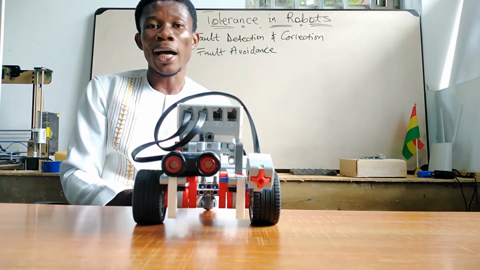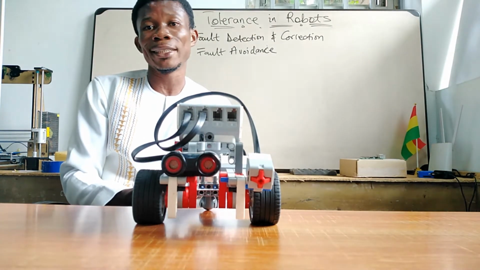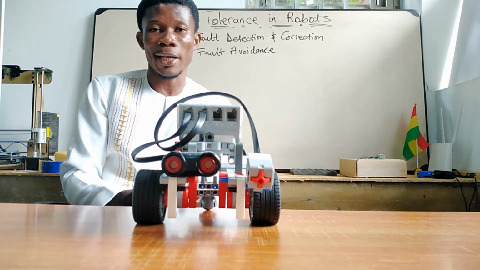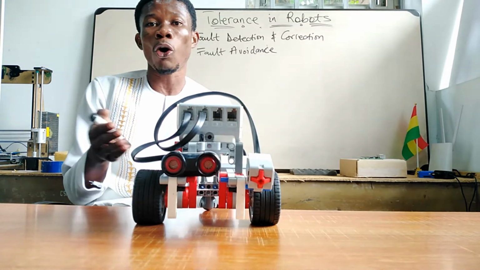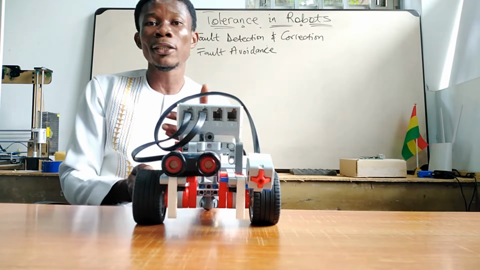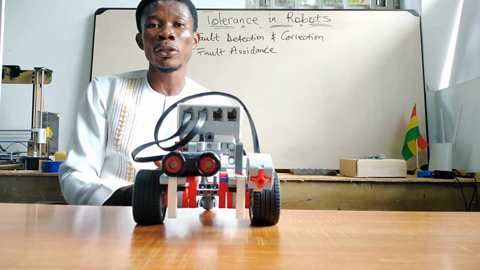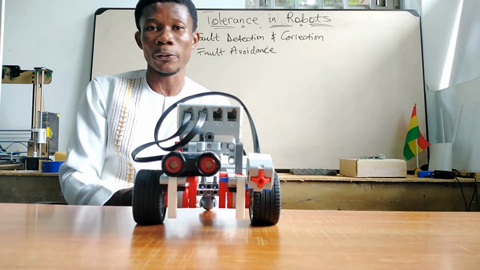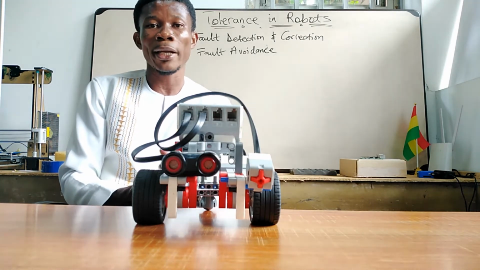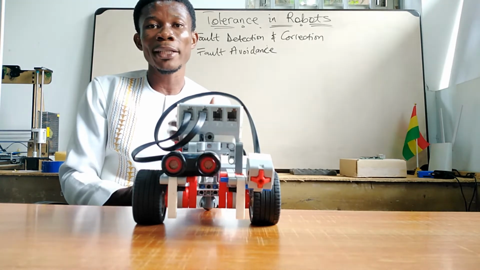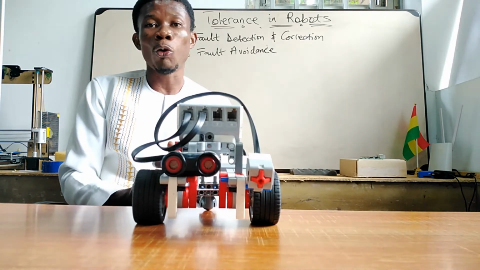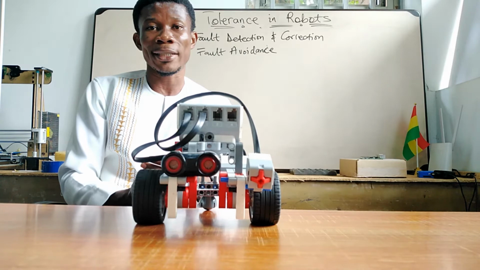In such an approach, I'll say my robot is implementing the fault detection and correction mechanism because the robot propels forward, which I'll call its normal behavior, until a fault occurs, where a fault means colliding into an obstacle. Once the fault has occurred, because the sensor is connected to the intelligent brick, I can write my program to detect a collision using the touch sensor.